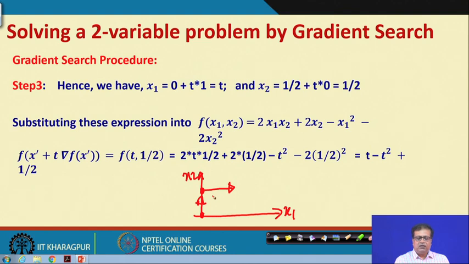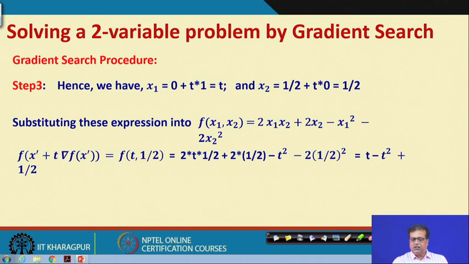So, it will move slightly in this direction. If you substitute these expressions, then the functional value becomes, after calculation, t minus t square plus half. This is going to be our new functional value.